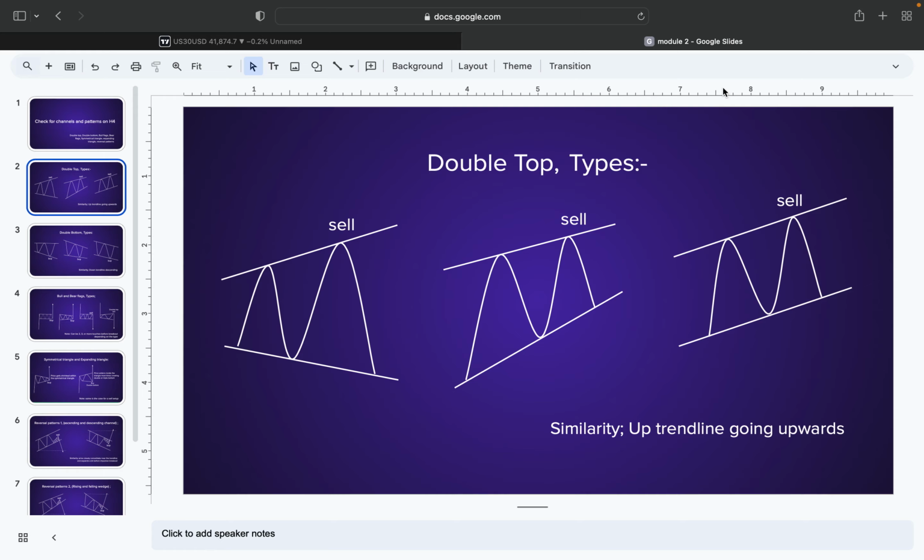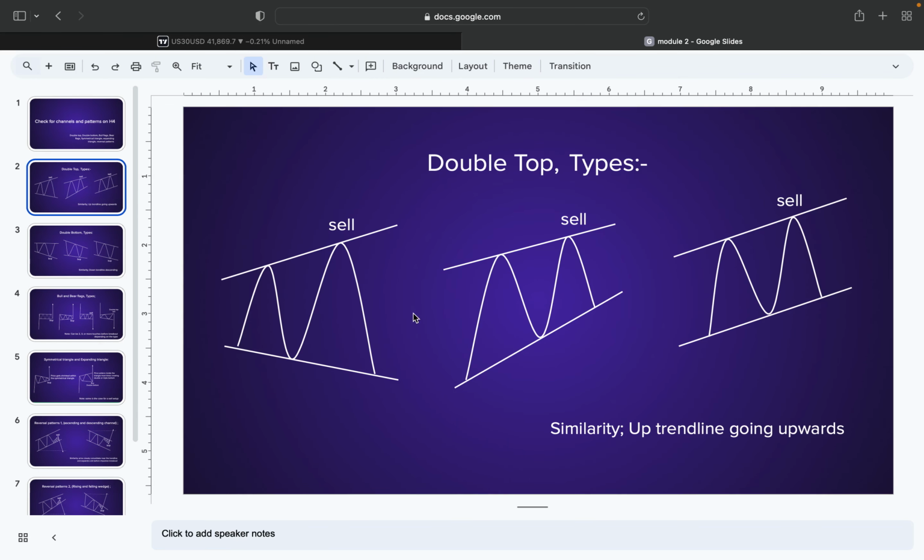I'm sure you'd observe the same thing while practicing, that in double tops the upper trend line is always slanting upwards, and you take your sell just here at the slanting line, and you give space in case of fake out, and your stop loss is usually the last high plus extra 20 points, and then your take profit is the next low where the trend line has been outlined.